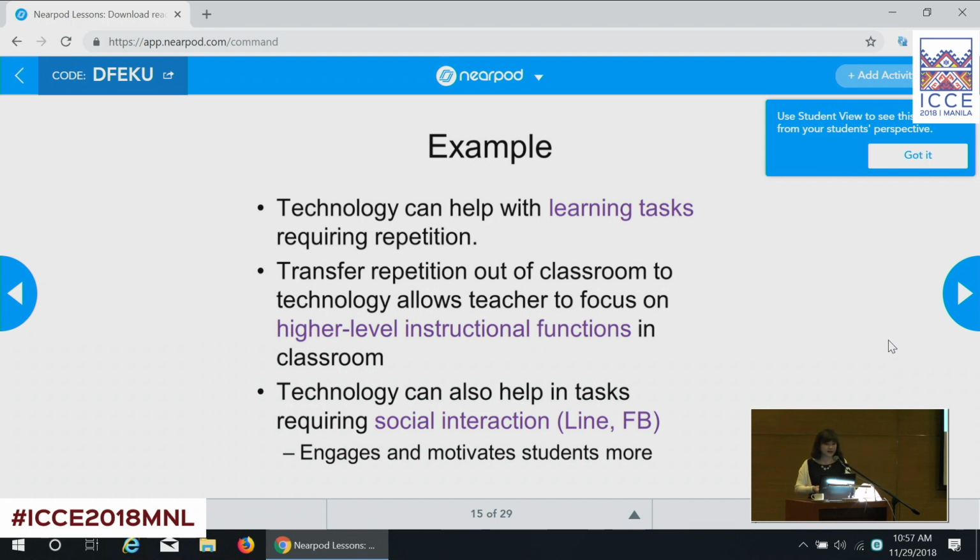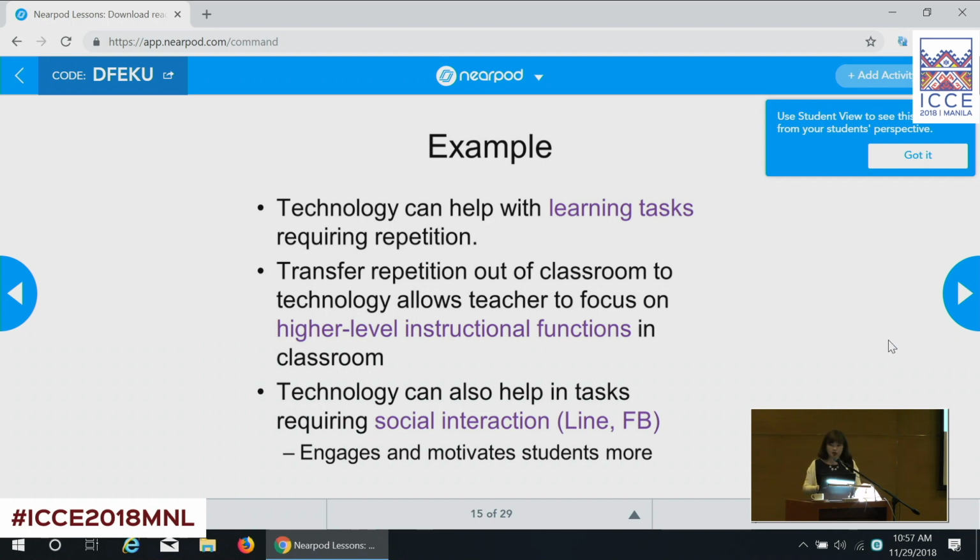For example, technology can help students learning tasks that require repetition. If the teacher can transfer repetition out of class to online technology, teachers will have more time in class to focus on higher level instructional activities. Technology can also help in tasks that require social interaction.